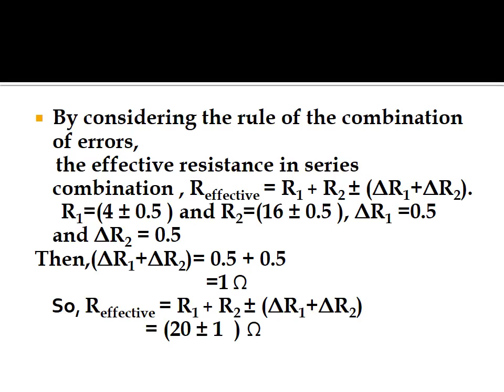So, delta R1 plus delta R2 is equal to 0.5 ohm plus 0.5 ohm, which is equal to 1 ohm. So, the effective resistance in series combination, R effective, is equal to R1 plus R2 plus or minus delta R1 plus delta R2, which is equal to 20 plus or minus 1 ohm.